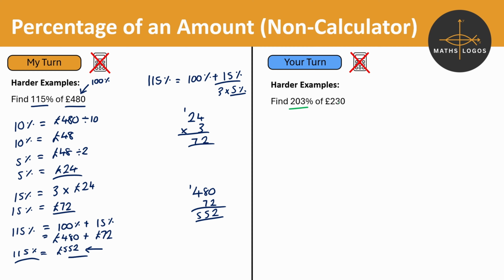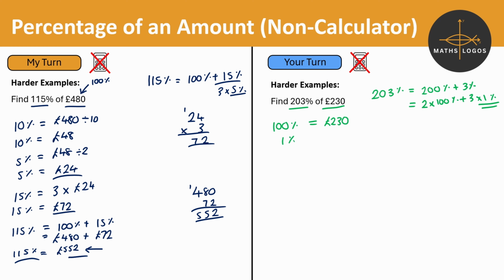So find 203% of 230 pounds. We can get 203% by finding 200% and then adding on 3%. 200% is just going to be 2 lots of 100%. And 3% is going to be 3 lots of 1%. My building block is 1% in this case. 100% is equal to 230 pounds.